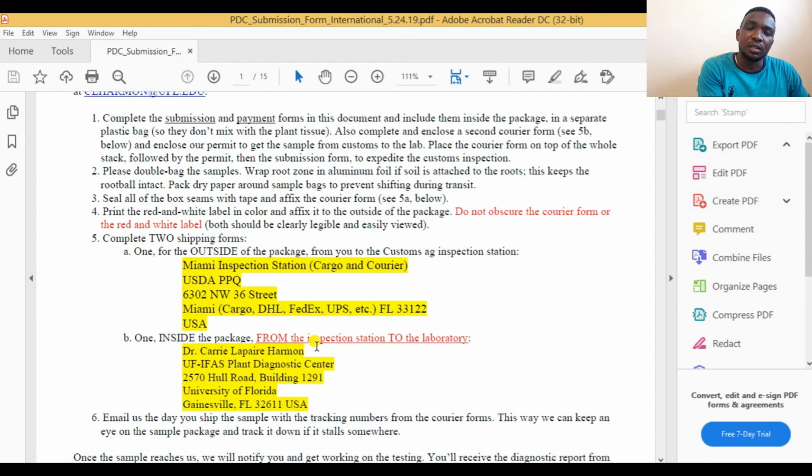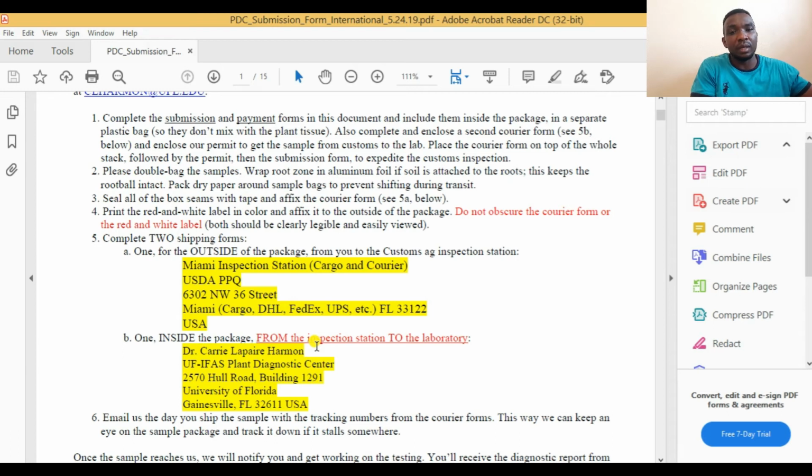So if I had used the papers that they're giving me at FedEx, I'd have only been able to submit the form from Turks and Caicos to Miami, because our FedEx in Turks and Caicos, based on what the representative at FedEx told me, only has jurisdiction for basically sending the package from here to Miami.